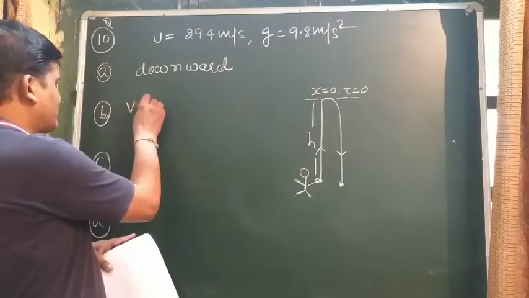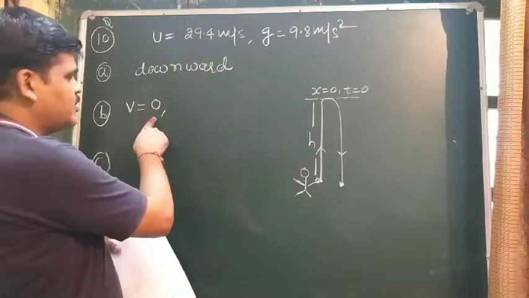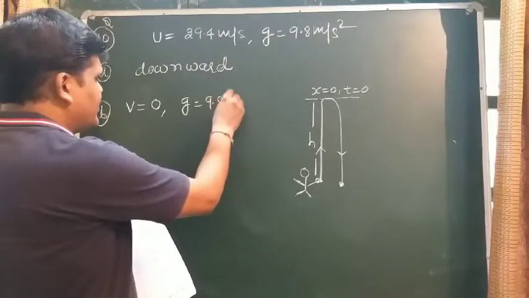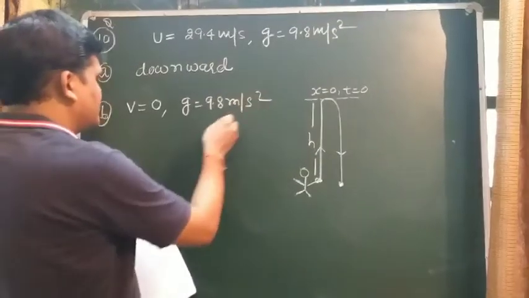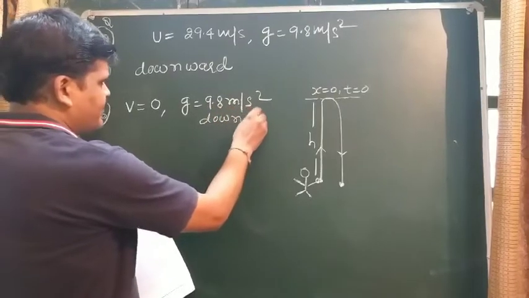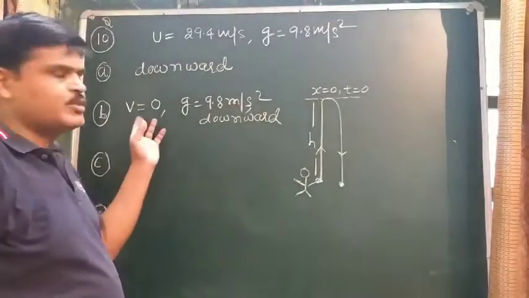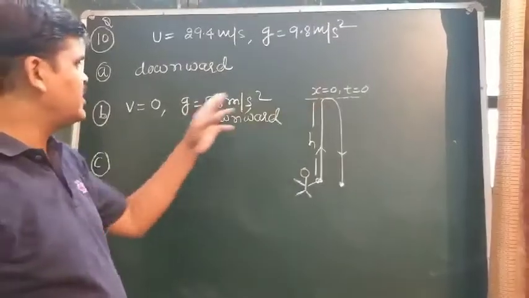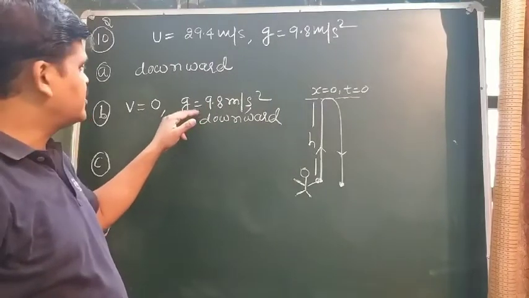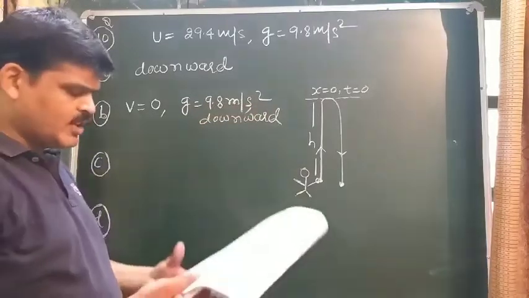So at the highest point, the velocity is 0, and the acceleration is 9.8 meters per second squared acting in the vertically downward direction.